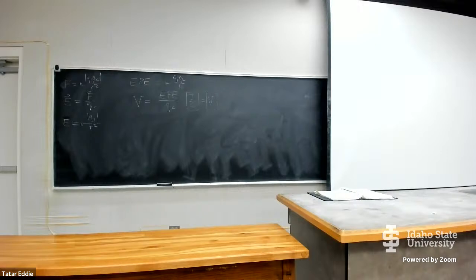So the difference of 2 heights is the same number, no matter if you select the 0 height to be here or somewhere else. The difference is the only thing that matters. The same story is valid for electric potential energy, and therefore for voltage, because voltage is nothing else but electric potential energy per unit charge.